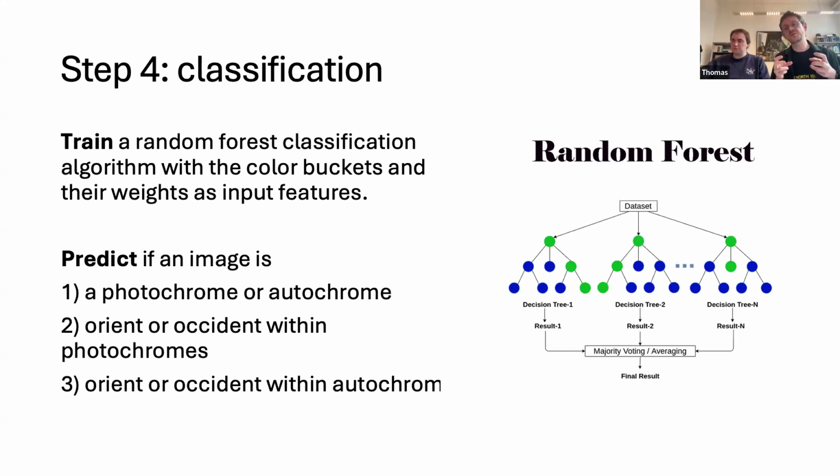And by having multiple voters, you control for the fact that the data might be skewed in some way. So remember before I said that there was a class imbalance. There weren't that many Orient images. So by using this random forest classification, by using many different voters that you expose to different parts of the data, you can account for these differences.